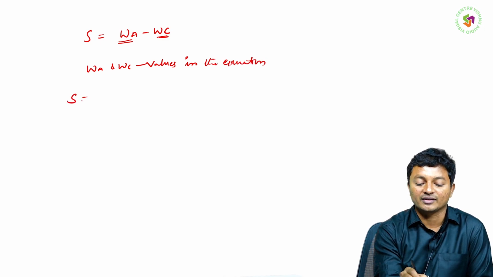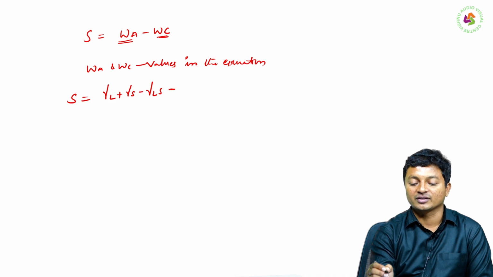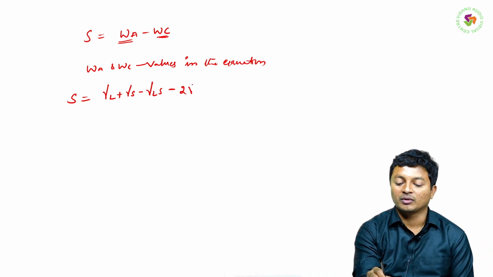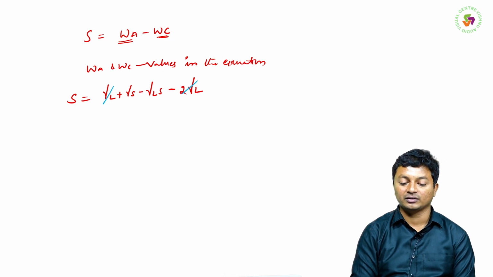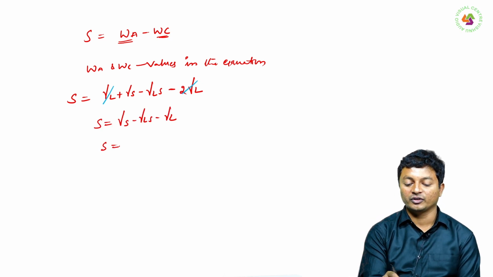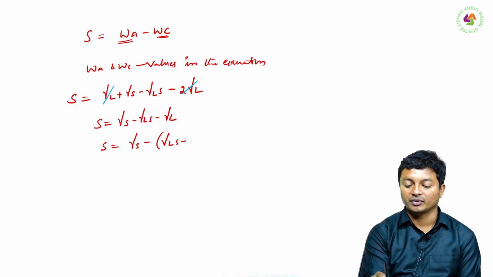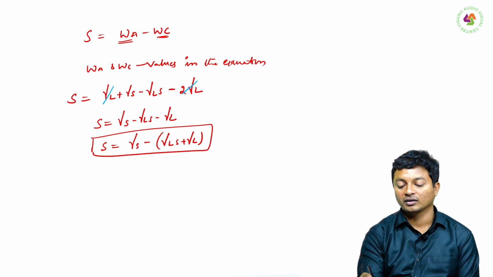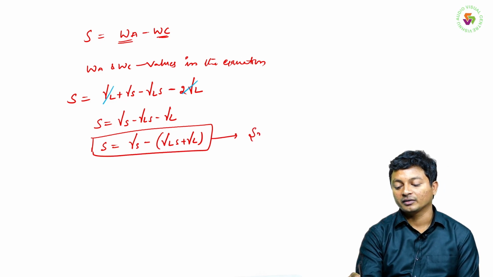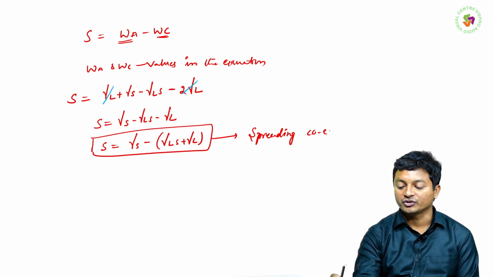It can be written as gamma L plus gamma S minus gamma LS minus 2 gamma L. Here one gamma L gets cancelled. So finally the spreading coefficient is gamma S minus gamma LS plus gamma L. By using this equation, we can calculate the spreading coefficient.